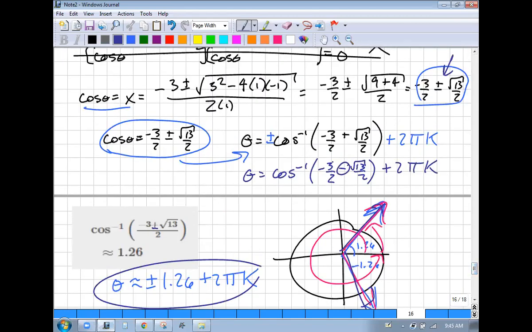When you subtract there, this number is smaller than -1, right? So cosine is always between -1 and 1. So this one chokes, because this number is less than -1. It's outside the unit circle. So that one didn't give us any solutions. That's why they only used the plus sign, because this number is between -1 and 1.